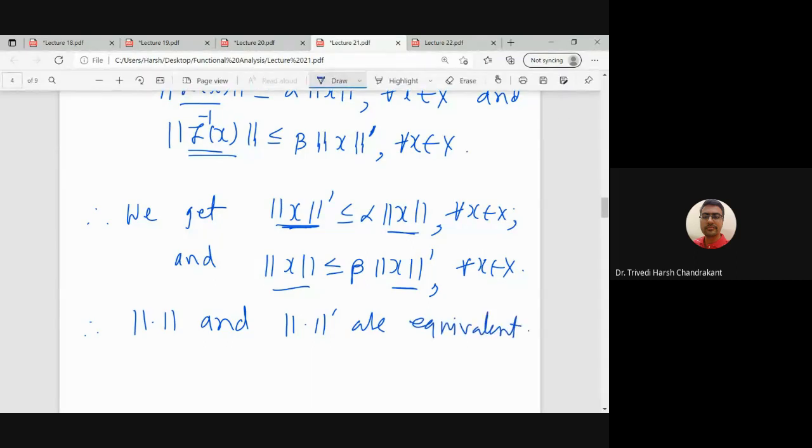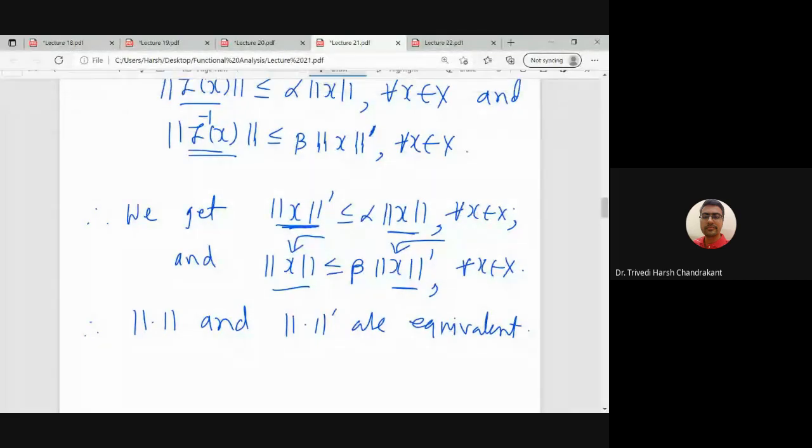So in other words, each norm is stronger than the other. Whenever any Cauchy sequence converges with respect to this norm, it converges with respect to this norm, and on the other hand, a Cauchy sequence converging with respect to the first norm will always converge with respect to the second norm.